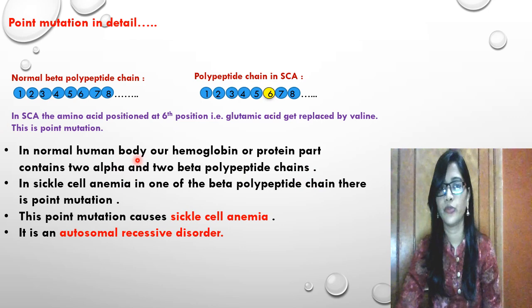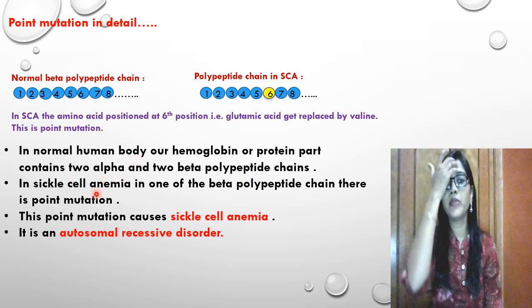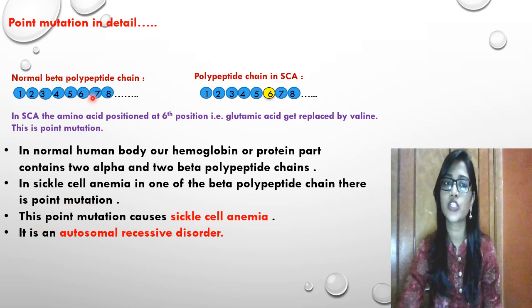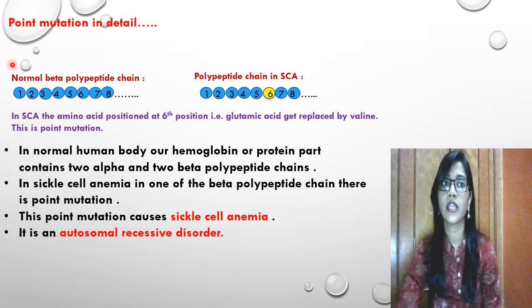In sickle cell anemia, one of the beta polypeptide chains has a point mutation. So this is a normal beta polypeptide chain, while this is the abnormal one where the point mutation has occurred. This point mutation causes sickle cell anemia, and it is an autosomal recessive disorder. We are going to talk in detail about what sickle cell anemia is in the next slide.